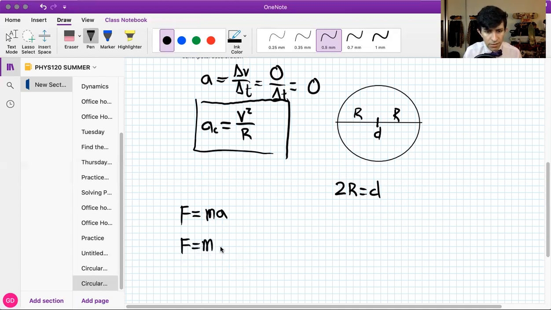So mass, and then instead of the regular acceleration, we're going to plug in the centripetal acceleration, which is V squared over R. So you may be wondering, what does this do? By doing this, we've introduced a slight variation of a new force. We call it a fictitious force because it only occurs when you're going in that circle. And so this is what we call centripetal force.